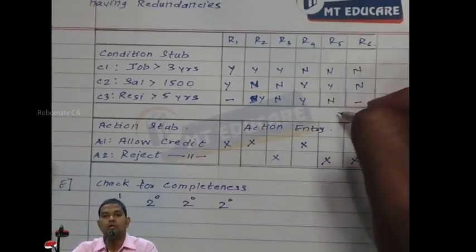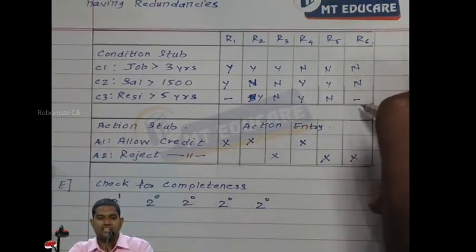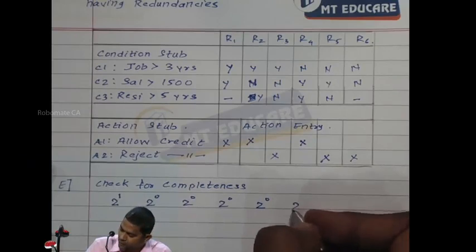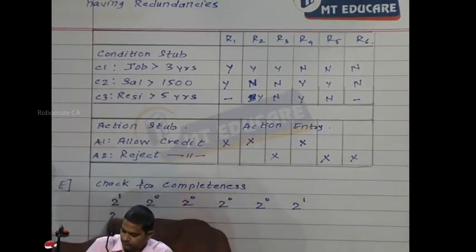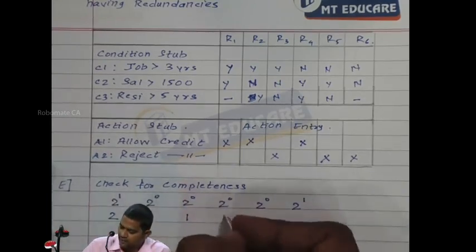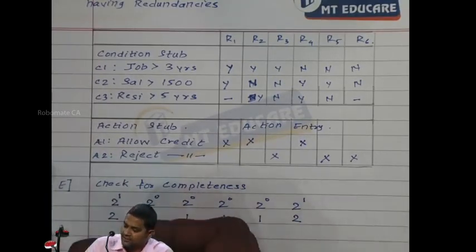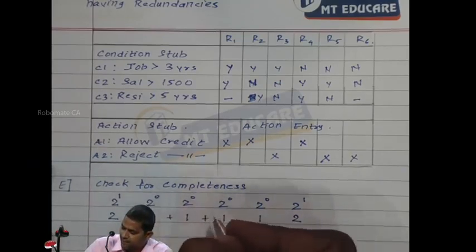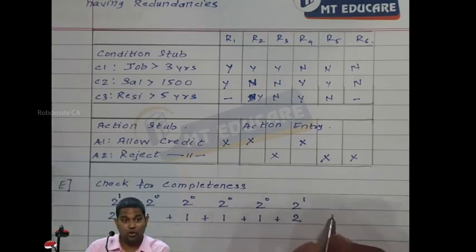For rule 5, 2 raised to, and for rule 6 there is a dash, so 2 raised to, understood? Solve this. 2 raised to 1 is, anything raised to 0 is, here, here, here, here. I need to add all these. Wait. 2 plus 1, plus 1, plus 1, plus 1, plus 2.